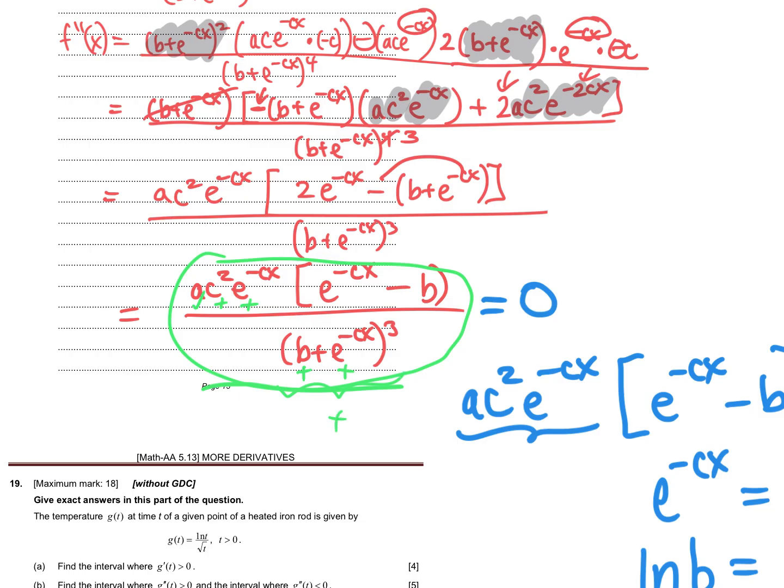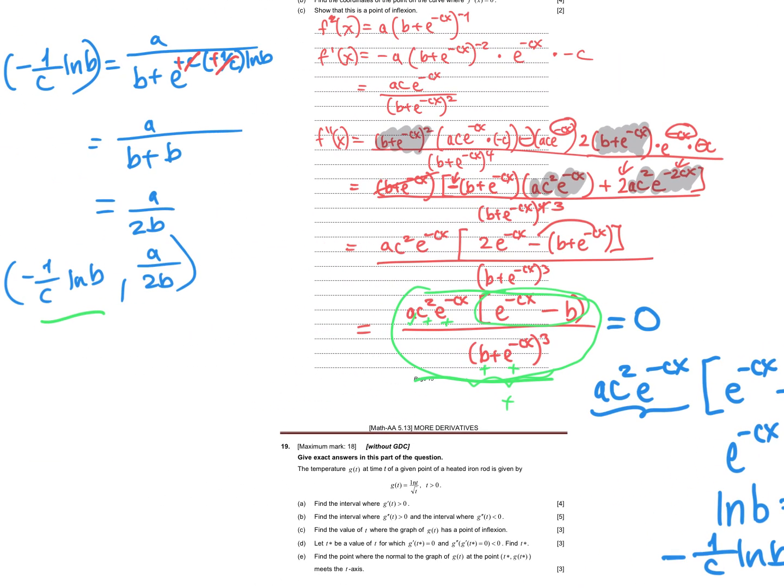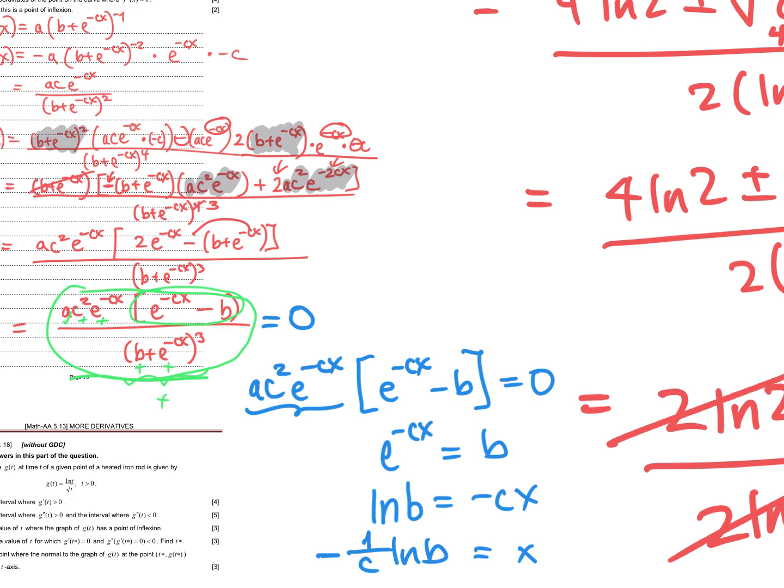So, basically, A could be positive or negative. So if we just show that this in here changes on either side of negative 1 over c natural log b, then we know that the second derivative changes signs.